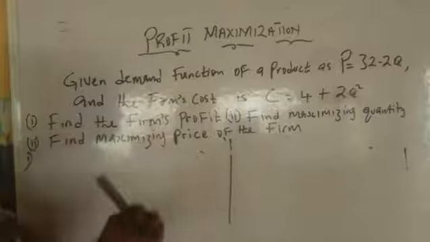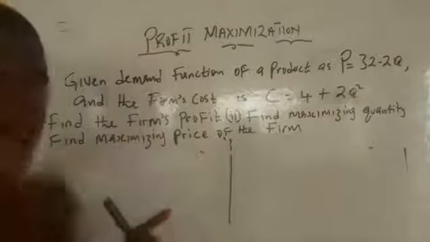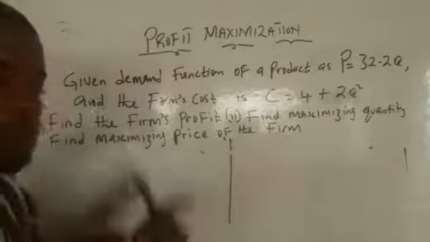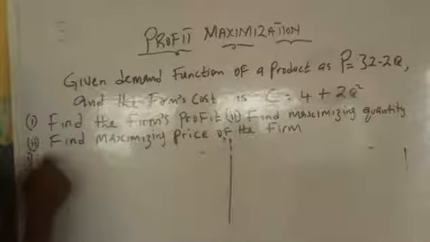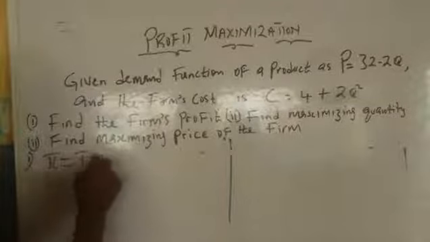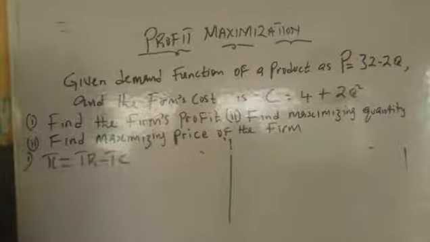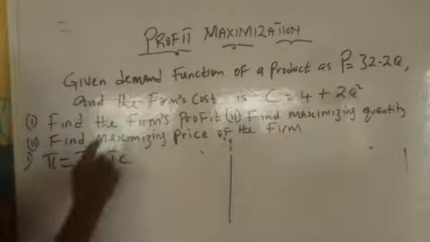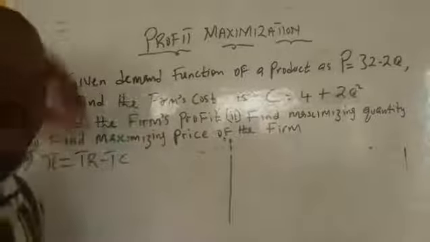If you are finding the firm's profit, what you need to do first is to write the profit formula, which is profit equals TR minus TC. Then you go back to the question and check if you can find total revenue.